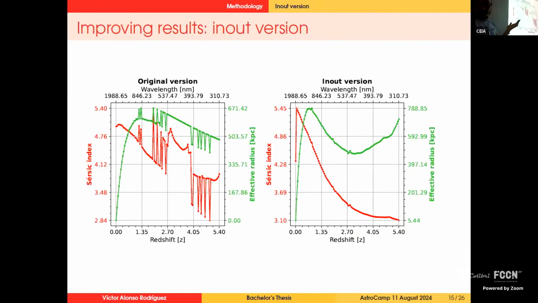But there are things that we have to take into account, because this was the first result we obtained with GALFIT. As you can see, it's like, okay, why do we have these spikes? It's not normal, because we know that physics is not random values. It should look like the other one.